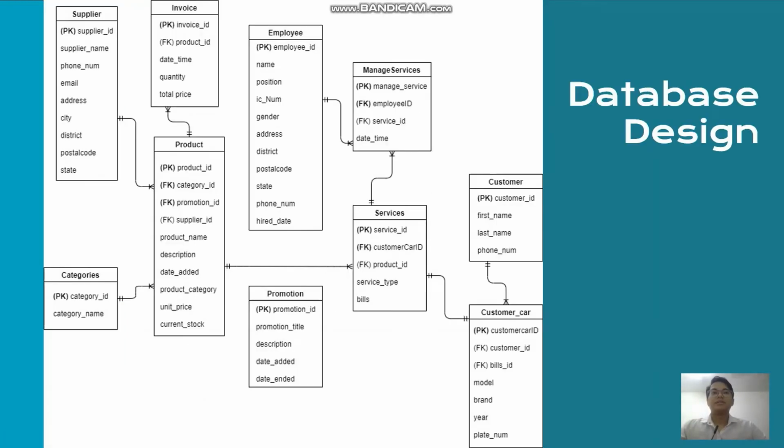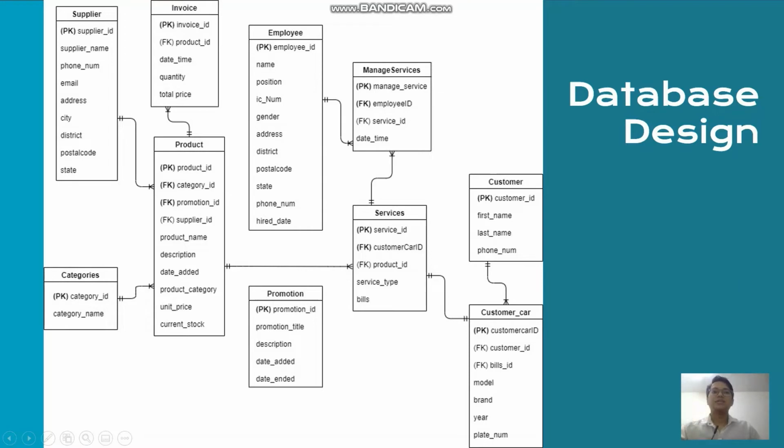So this is the database design for the YS Auto company. So there will be supplier, product, invoice, category, employee, mini service, promotion, customer, and customer car.